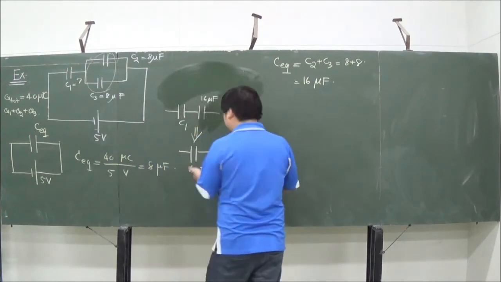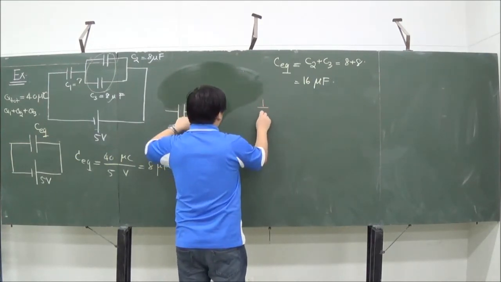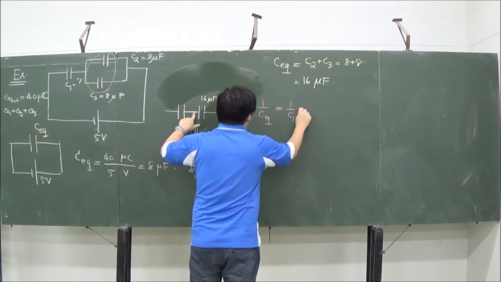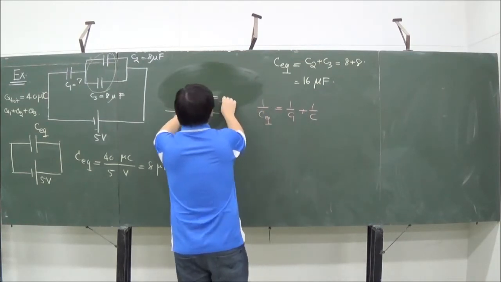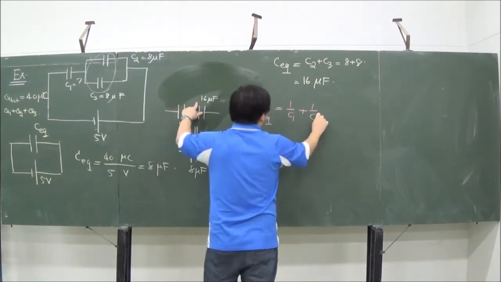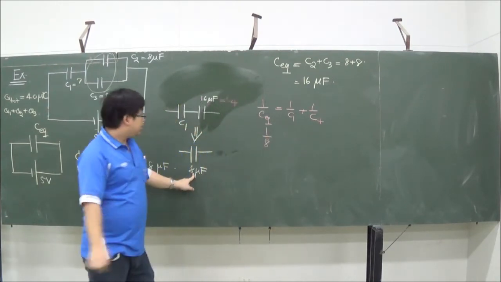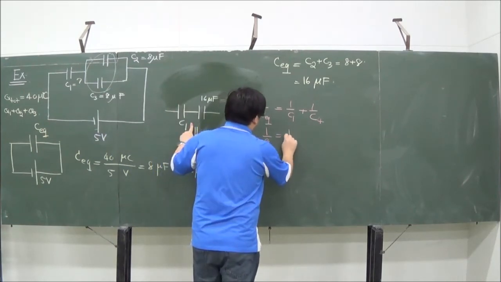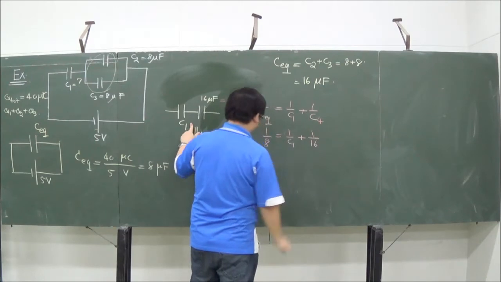So when they are connected in series, you get 1 over C equivalent equal to 1 over C1 plus 1 over C, let's call this C4. So you get 1 over 8 here. The equivalent capacitance is 8, equal to 1 over C1 plus 1 over 16.